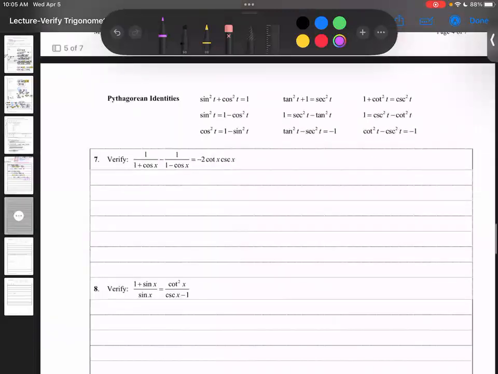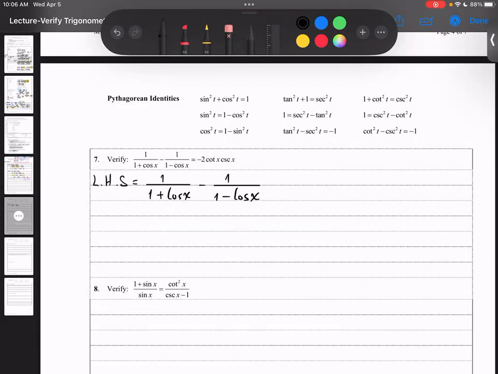Number 7. Currently, we're gonna pick the left-hand side, right? 1 plus cosine x minus 1 over 1 minus cosine x. All right, the first thing I see is LCD, yeah?